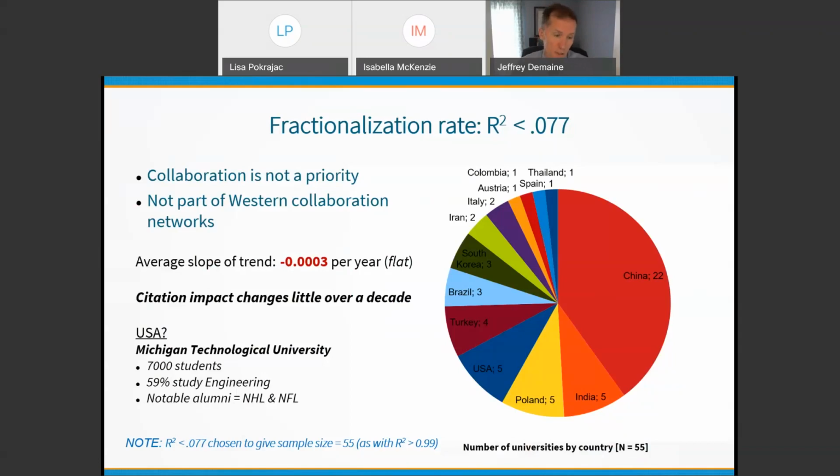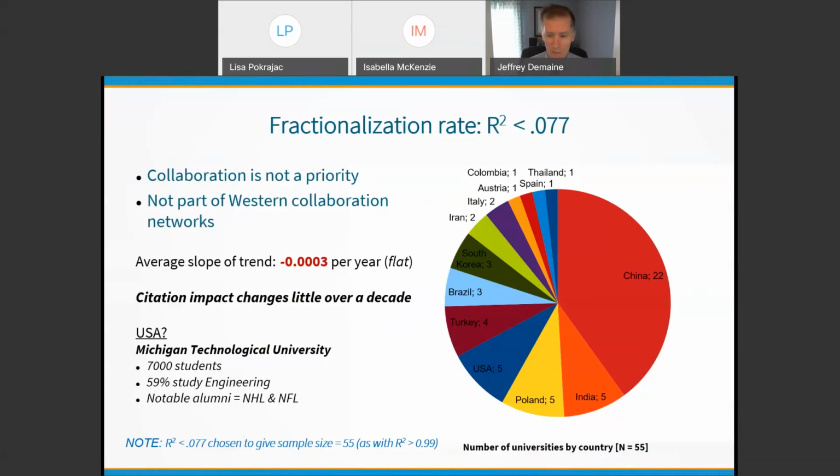This is a very different list than what we just saw at the top-ranked universities. And from a geographic distribution perspective, we see that a lot of these universities are in China, India, South Korea, Brazil, Turkey.